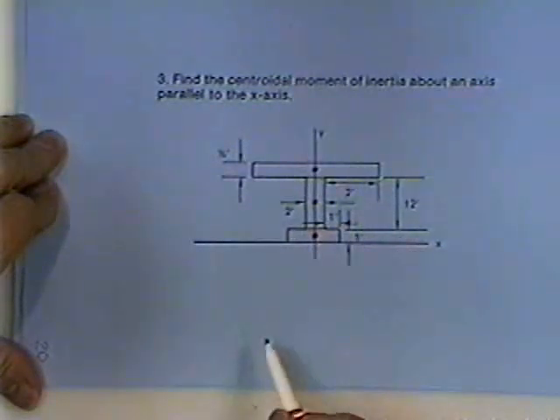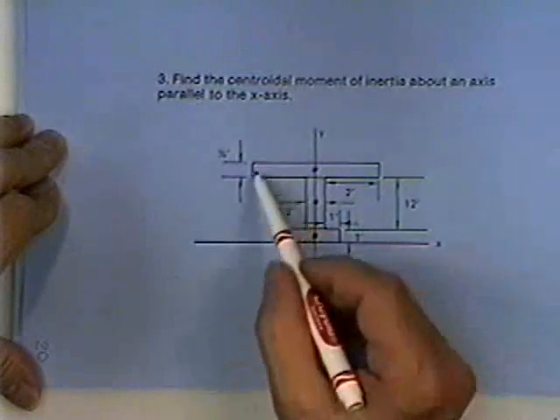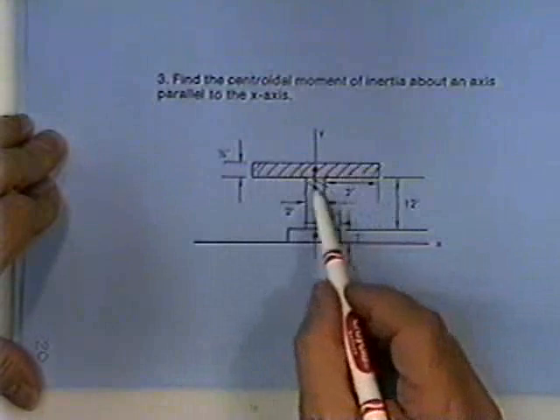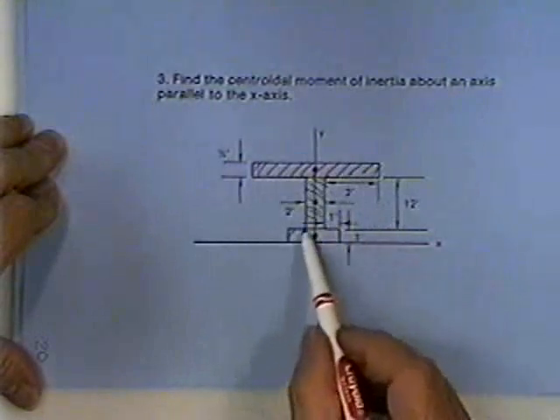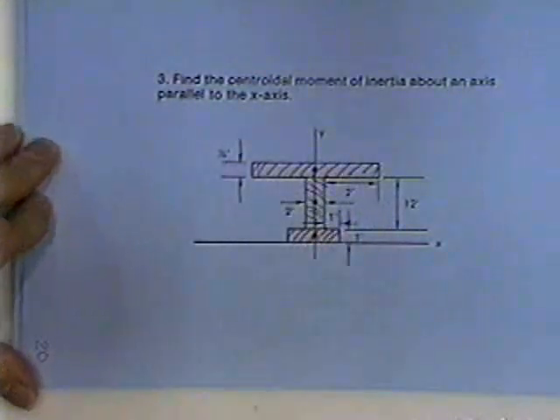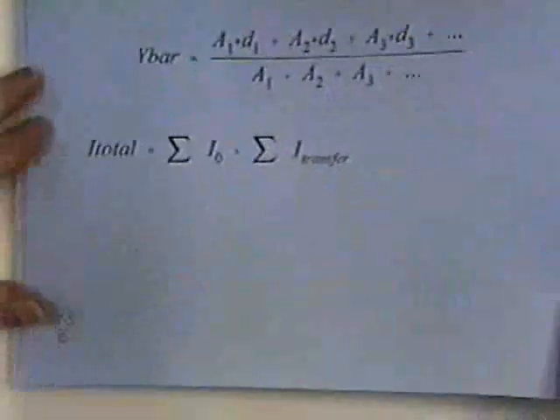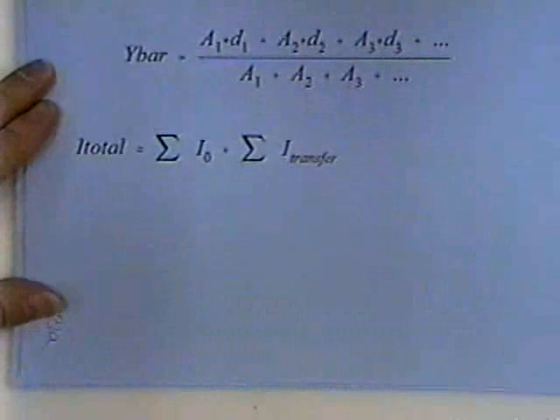Those are your Y1, Y2, Y3. The areas are A1, A2, A3. Piece of cake. And obviously most of these equations are in the notes.